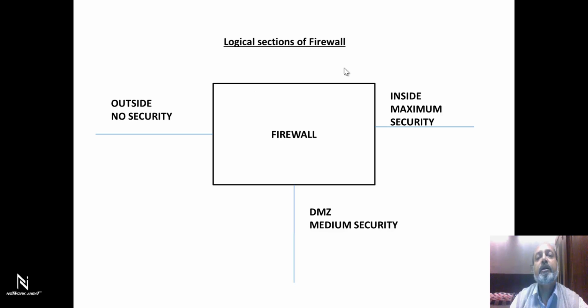But if it is targeted towards the inside network, that filtering will be very vigorous, and only authorized persons are allowed to enter the inside zone, right? So we have these three zones: outside, inside, and DMZ. Outside has no security, inside has maximum security with very limited access, and DMZ has medium level security.